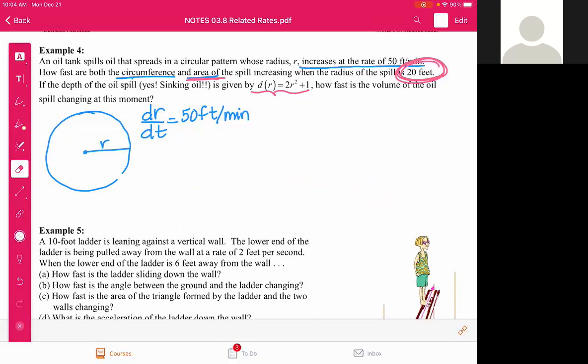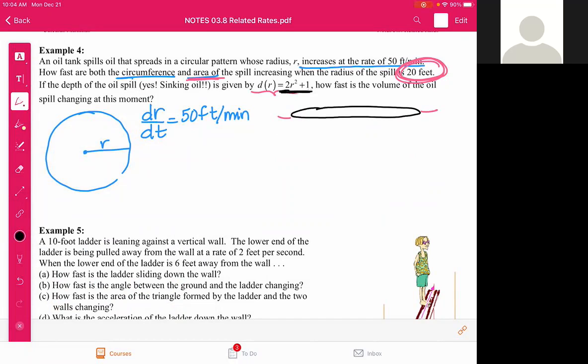All right, so here's the water, right? So you've got this oil spill. We'll go black, inky black, right? So it's got a circle on the surface of the water, and as time goes on, it's sinking.